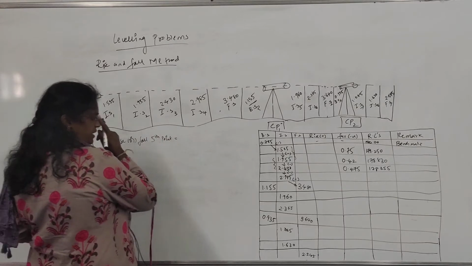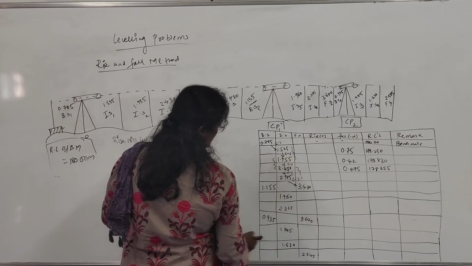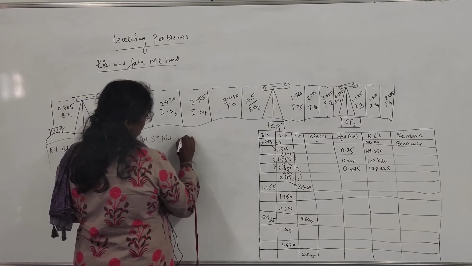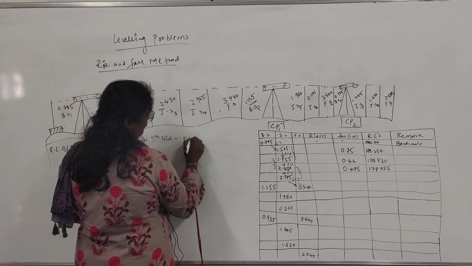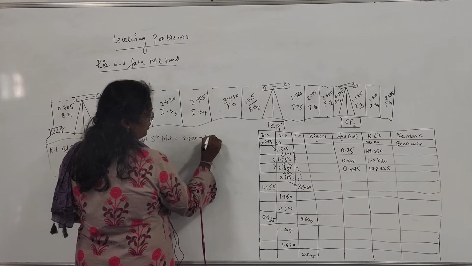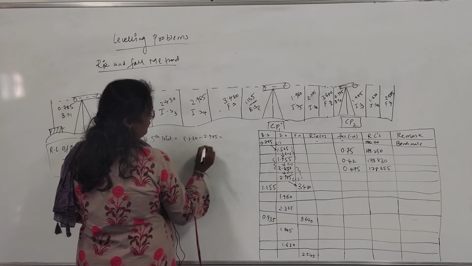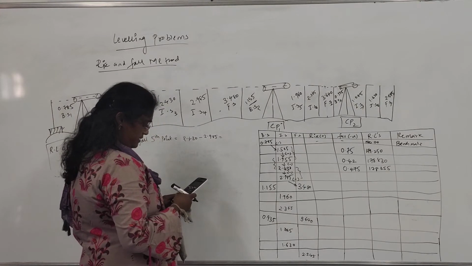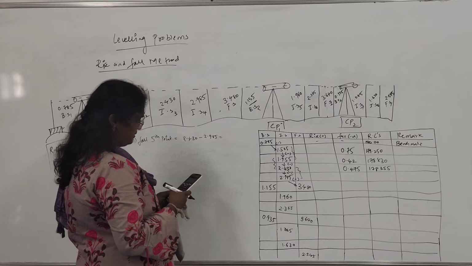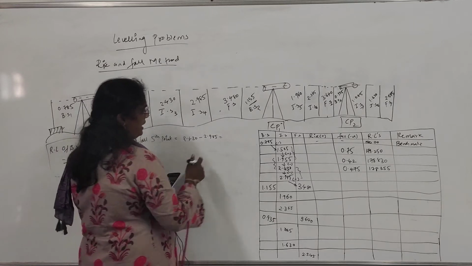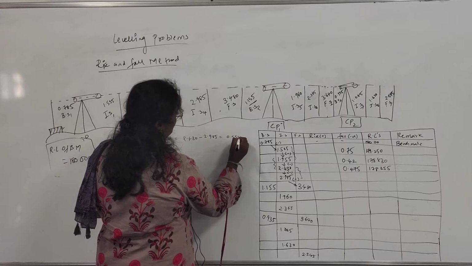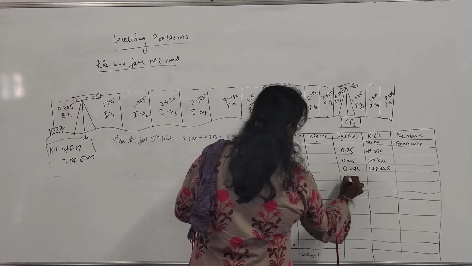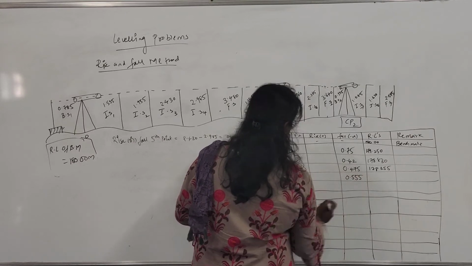Fifth point will be this one, right? 2.430 minus 2.985. Again you will be getting, because this is the lower minus higher. Right, here you are getting 0.55 negative, right? So here again it is placed in the fall column, right?